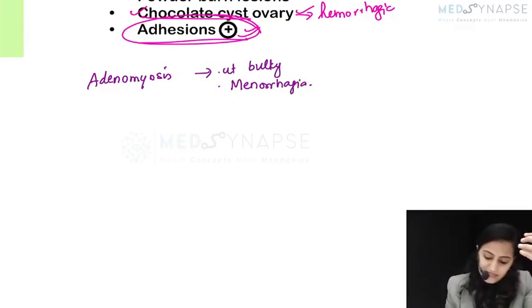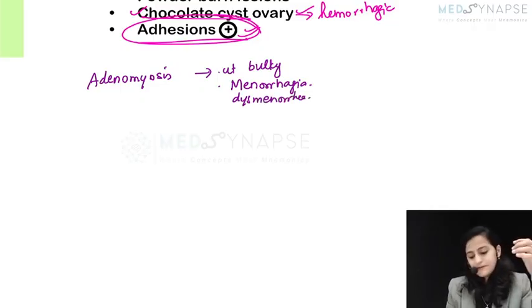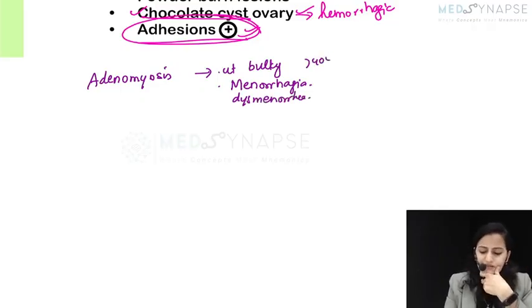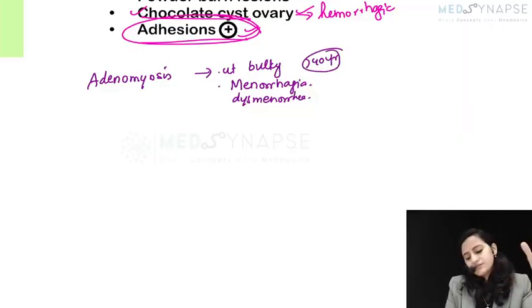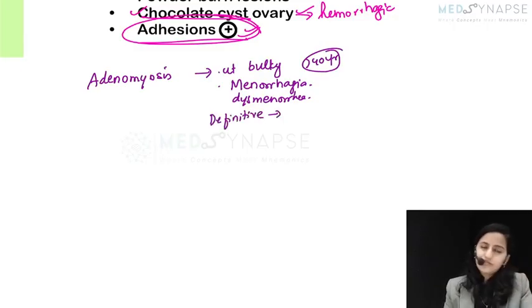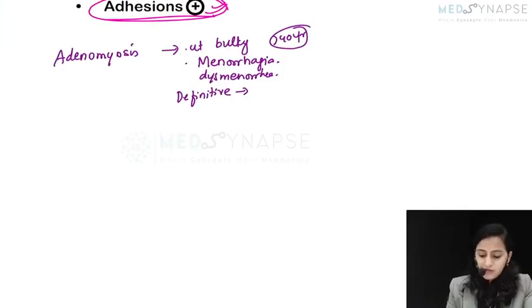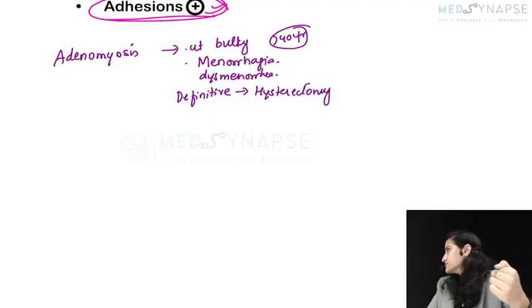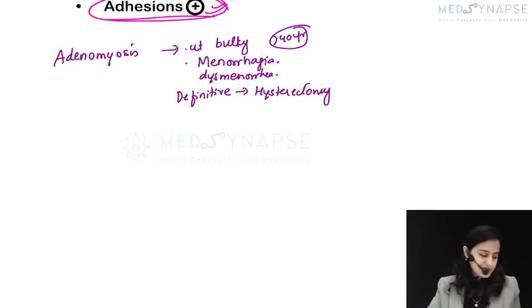Menorrhagia, dysmenorrhea, the severe dysmenorrhea, menorrhagia. This female is around more than 30-40 years. And the definitive management, problem कहाँ है? Uterus में. The definitive management क्या होगा? Uterus निकाल दो. That is hysterectomy. The definitive management is hysterectomy.